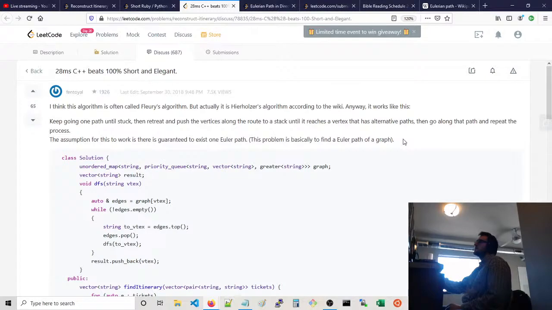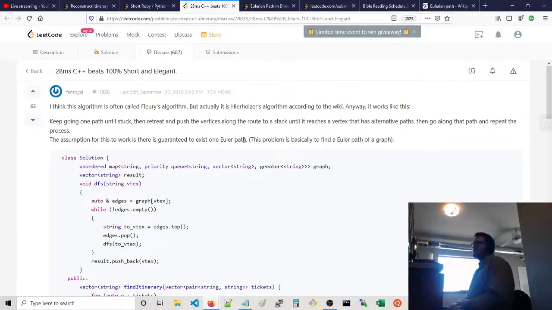By the way, you could find the guarantee of an existence for an Euler path. An Euler cycle exists if every node has equal out degree and in degree. And then an Euler path exists if there's exactly one node that has a difference between the out and the in of 1, and another node that has a -1 for the same difference.